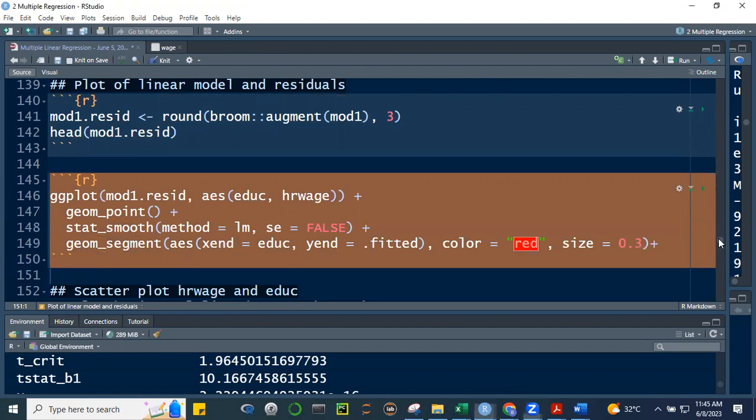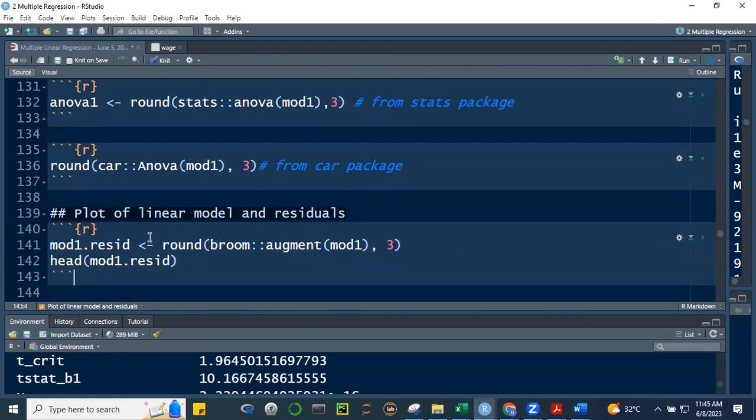Okay, so for the first one, there's an object, there's a function called augment, and that comes from the Broom package. And then itong augment, magbibigay siya ng table that gives us the most important items, important data from our model 1.